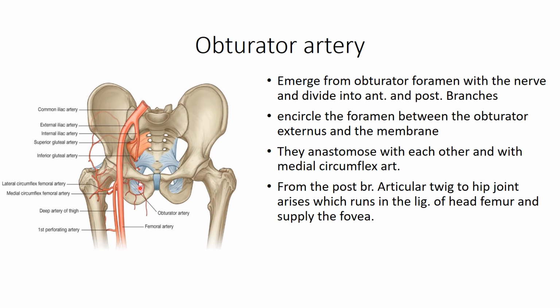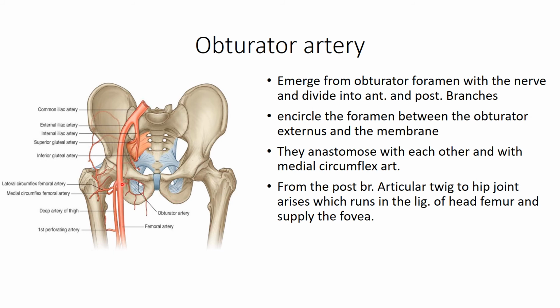So it emerges from this obturator foramen with the nerve, and it divides into anterior and posterior branches. And these branches encircle the foramen, forming an anastomotic circle lying between the obturator externus and the membrane. They anastomose with each other and also with the medial circumflex femoral artery, and they supply this compartment proximally.